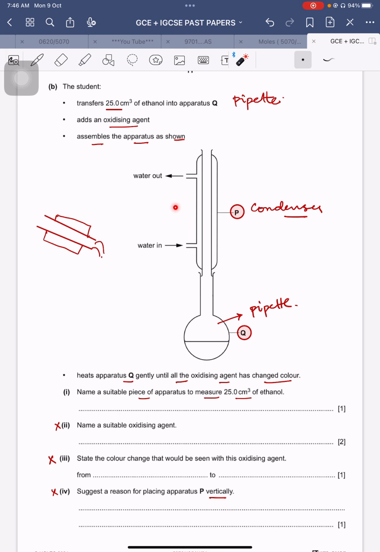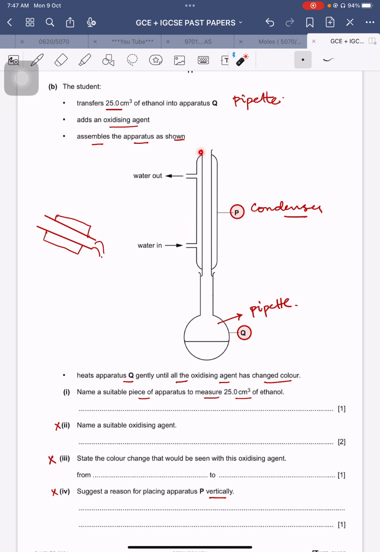Whenever a condenser is like this, the purpose of this vertical condenser is to send back into the reaction flask the unreacted substances. Okay. So for example, a chemical reaction is happening over here. The other condenser is used basically to shift only the reacted substances, only the product.